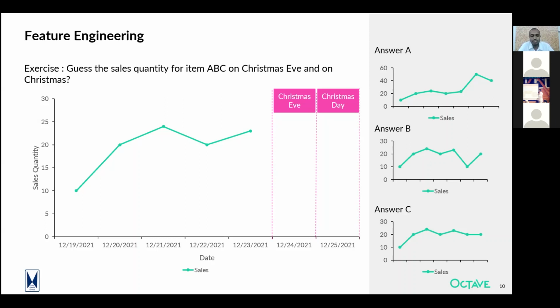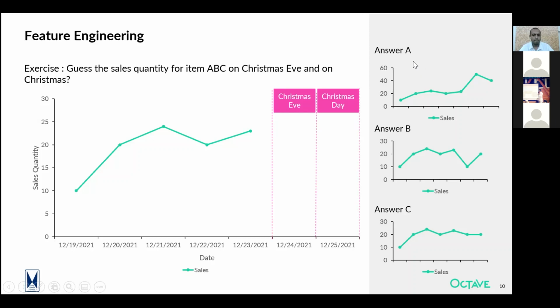And the question is now structured in a way that you need to predict the sales on Christmas Eve, that is the 24th of December, and also on the day of Christmas, that is the 25th. So what do you think the sales would be? And you are saying that on the 24th we'll have more sales compared to the 25th.